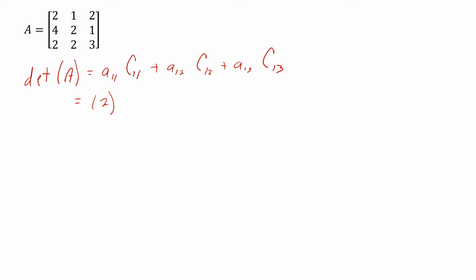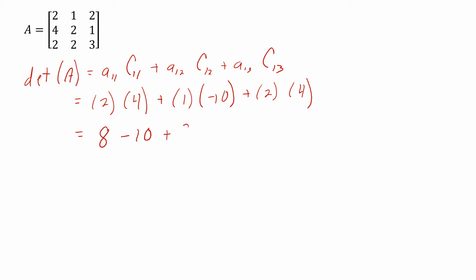We calculated that C11 was equal to 4, plus a 1 times negative 10, plus 2 times 4. So that's equal to 2 times 4 is 8, minus 10, plus 8. Add those together, you get 6. There is our determinant. The determinant is 6.